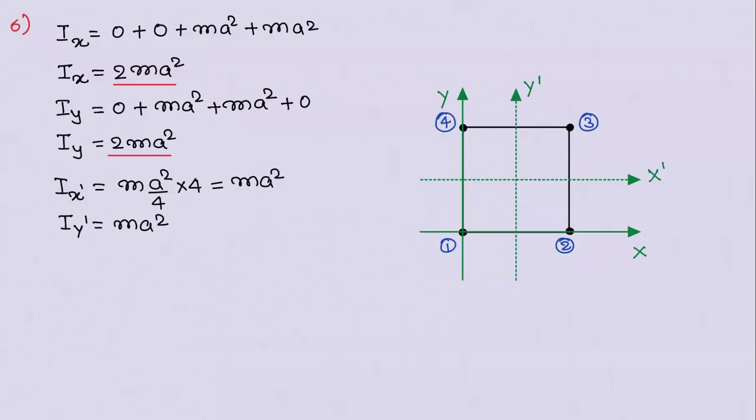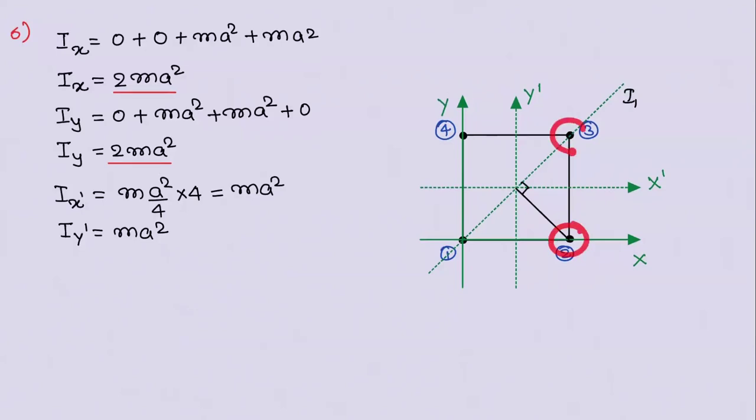For example, if you take an axis which is a diagonal, I1 like this, can you calculate? I1 is also ma square. Why? Observe, you need to find the perpendicular distance for particle 2. Particles 3 and 1 don't matter because they're 0. So I1 is equal to 0 plus m into, what is the perpendicular distance? This is a, this is a by root 2.